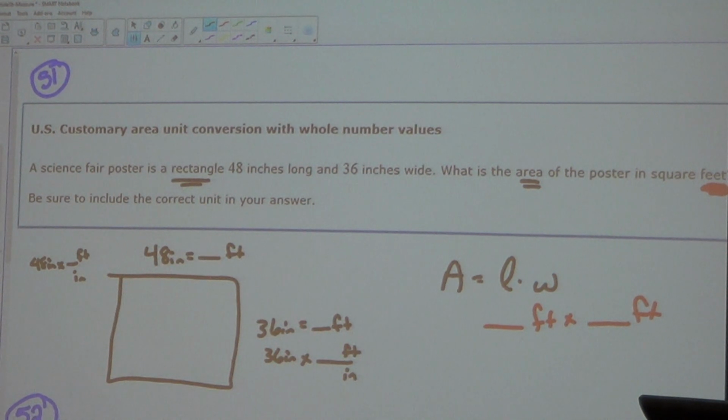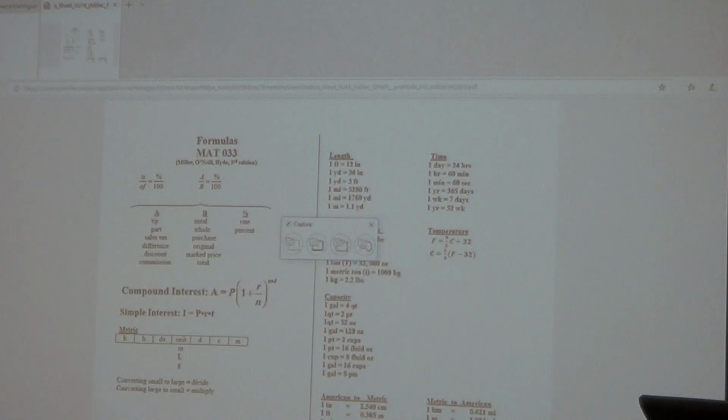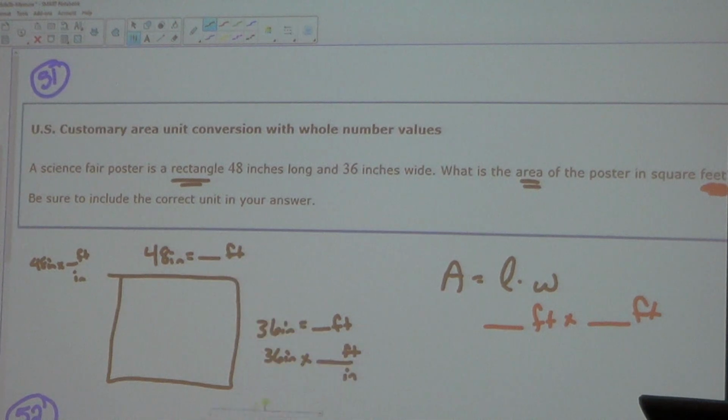What 2 words are we trying to find in the same sentence? We're trying to find inches and feet, right? So if I go to my formula sheet, I am trying to find inches and feet in the same sentence. Right there. So I'm going to put 1 next to the foot, 12 next to the inch.